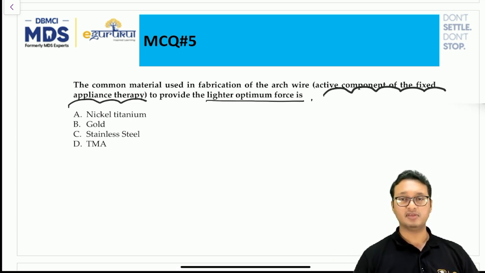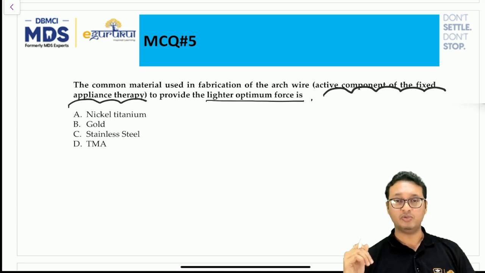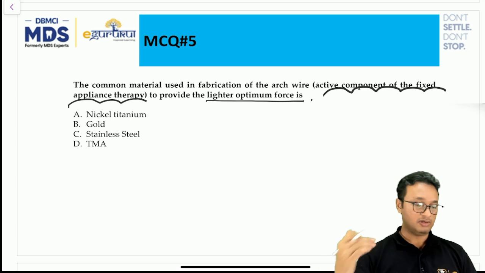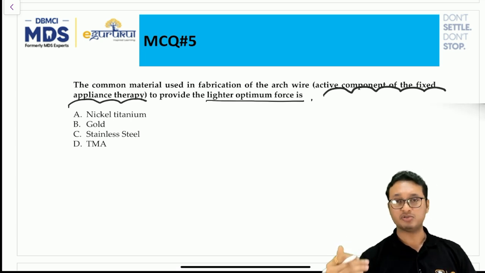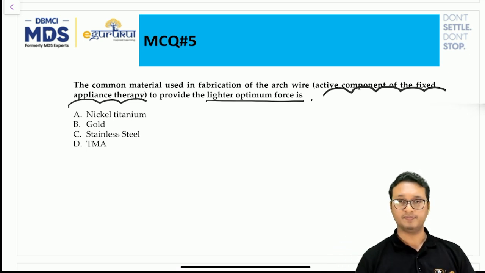Why light forces? Because light forces are easily tolerated by the tissues of the body without inducing any noxious stimuli in the form of pain. And light forces are required when we want to have frontal resorption of the bone to cause orthodontic movement of the teeth.